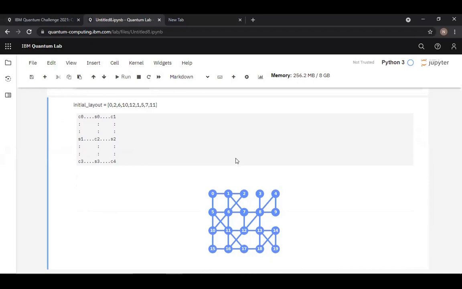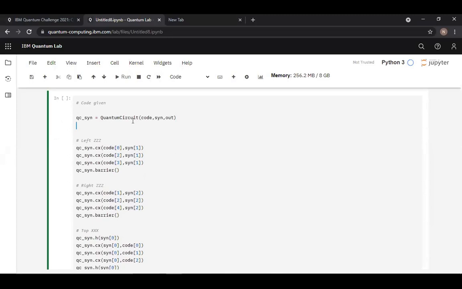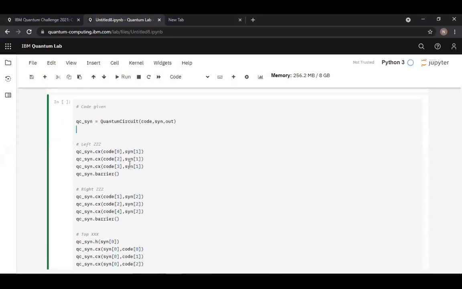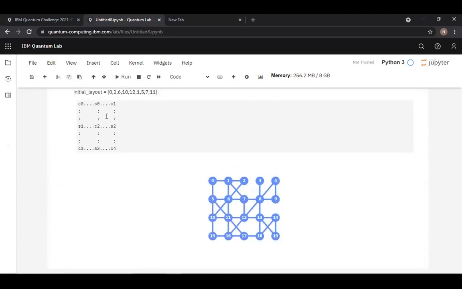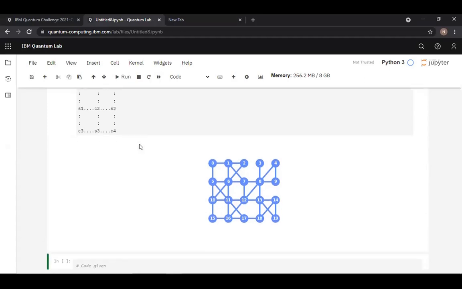So there was an error; how do we actually stand? This was the code which they had given. So how do we adapt this particular code to IBM Tokyo's platform? If we see the circuit, the code qubits and the syndrome qubits need to be arranged in a particular way.